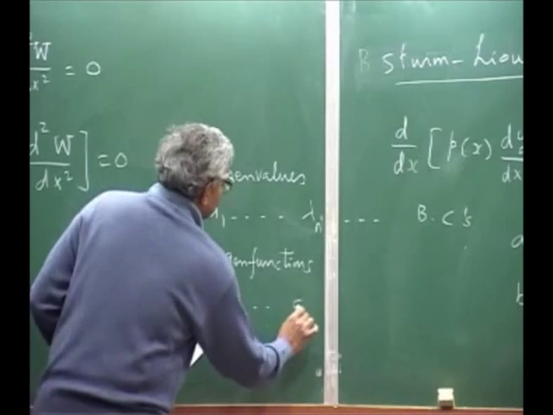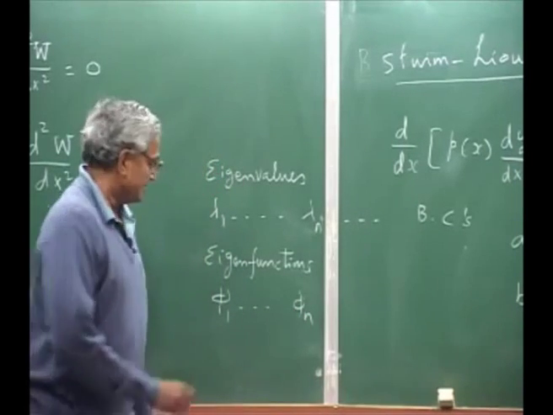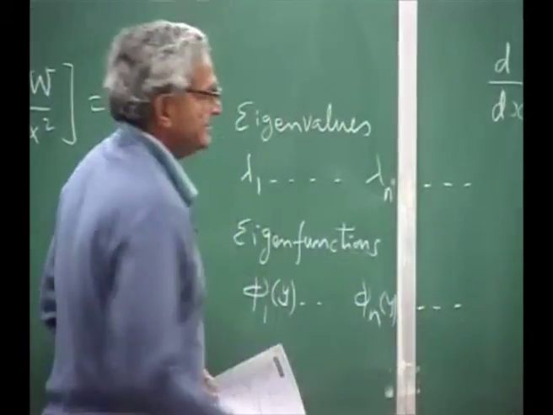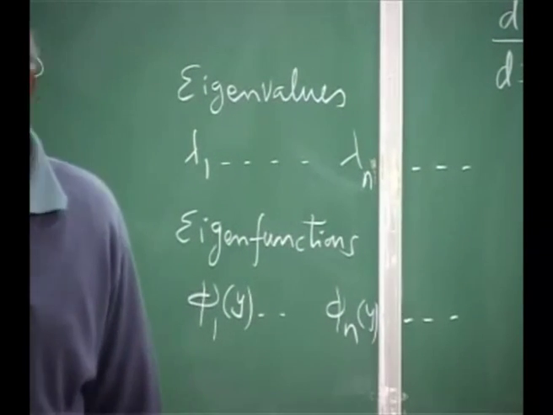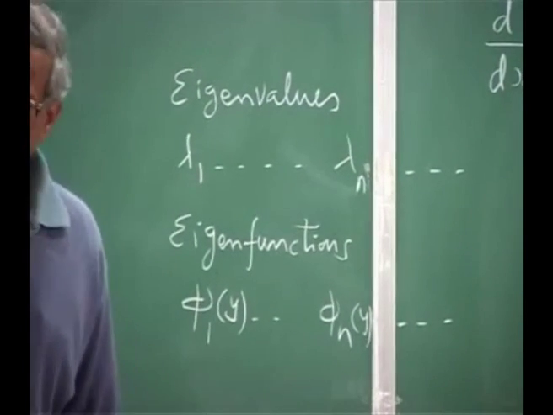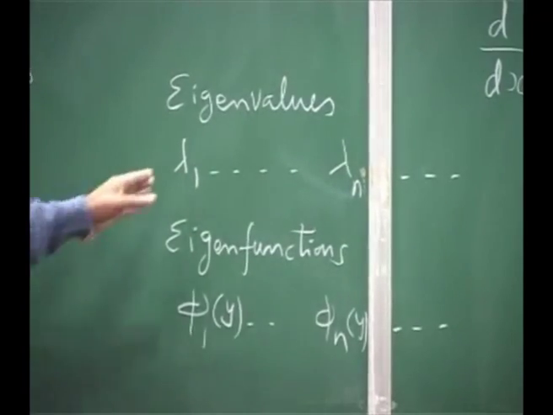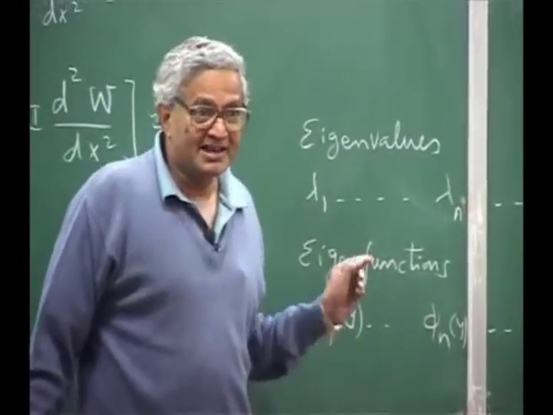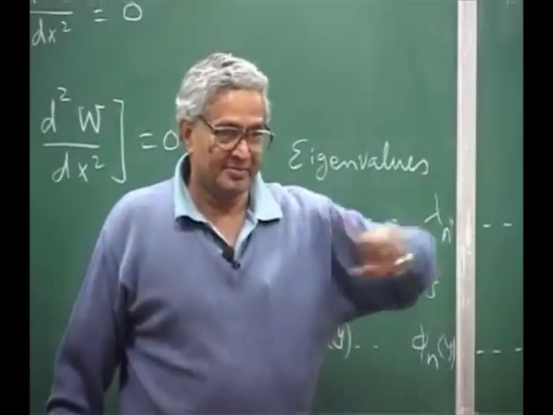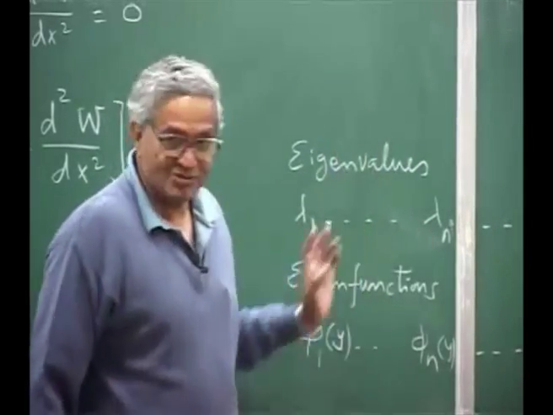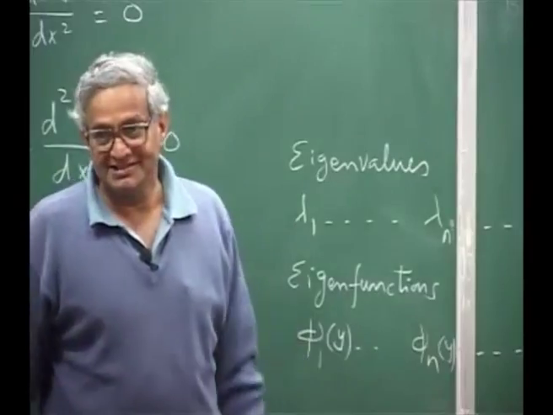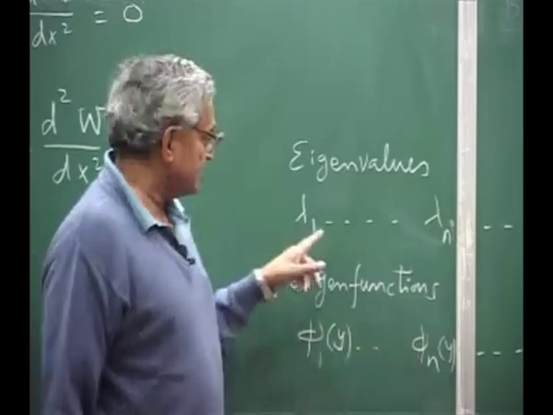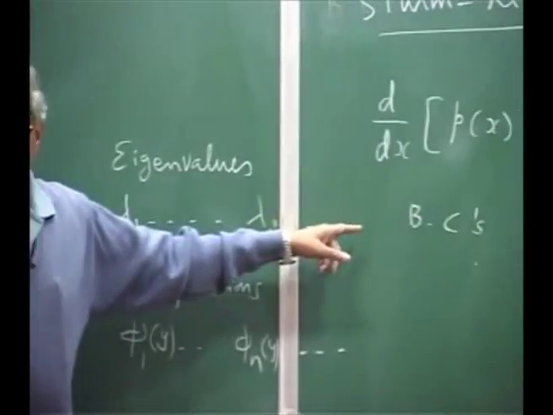phi n. These are functions of y and so on. You will have infinitely many, but infinite doesn't mean you cannot count. That is why you say countably infinite eigenvalues. Correspondingly, you will have eigenfunctions, and these are all real numbers.